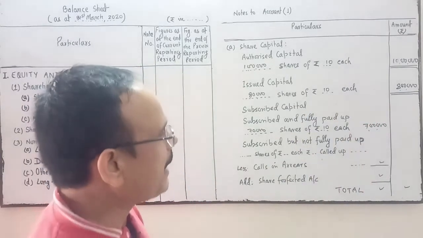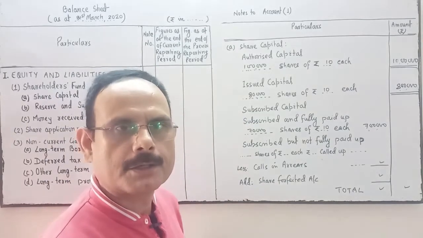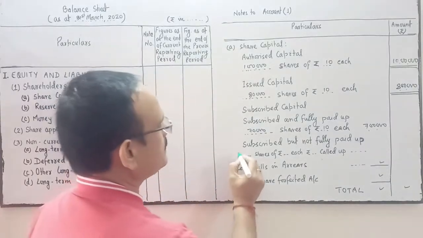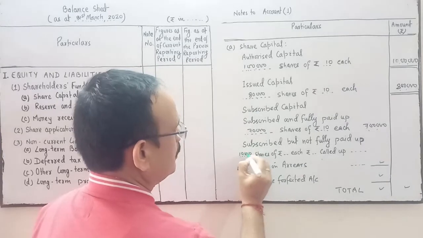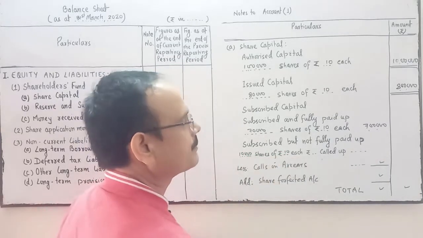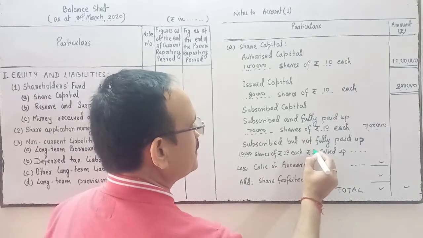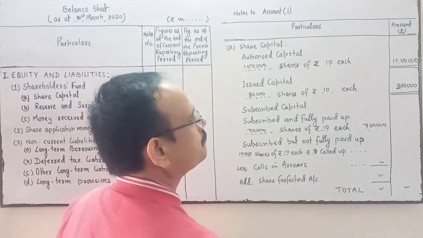Okay, subscribed but not fully paid. This may be where the company has 10,000 shares of rupees 10 each, suppose 8 rupees called up.